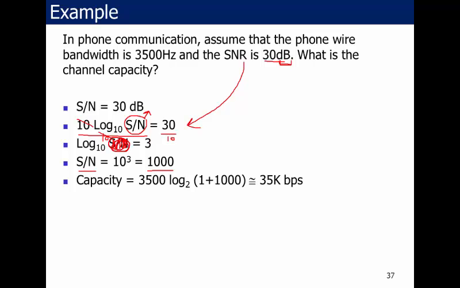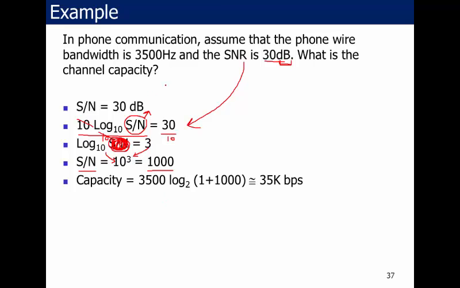I want this 3. According to some formula, from here this can be obtained: 10 to the power 3. 3 comes here, 10 comes here. So 10 to the power 3, which is 1000.